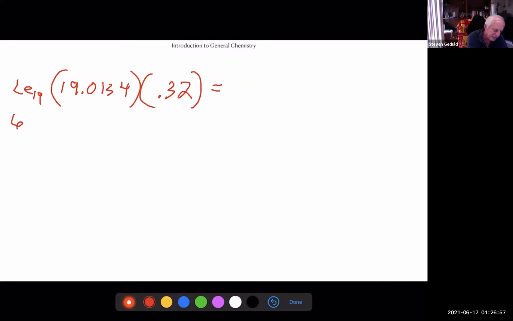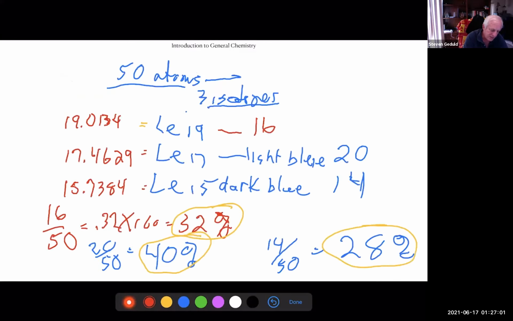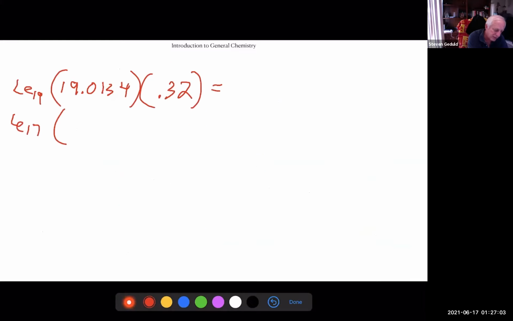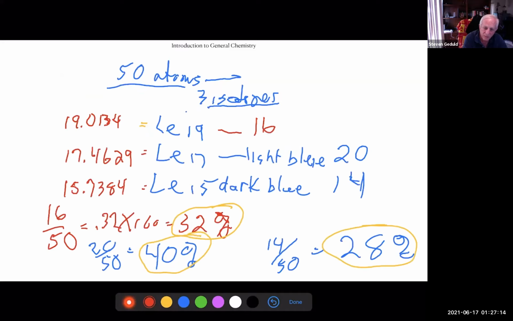Then we got Le17. Le17 has a mass of 17.4629, and the fractional percentage of that was 40%, so 0.4.